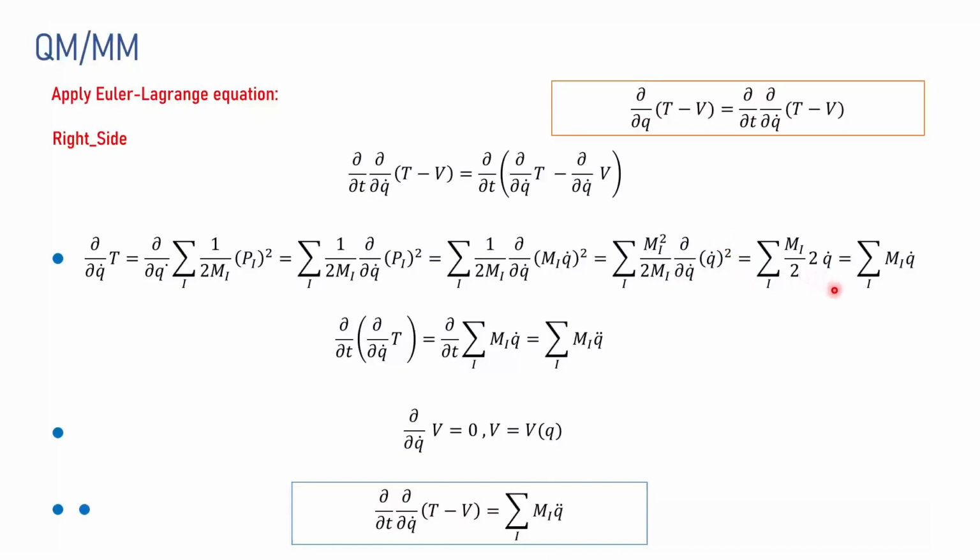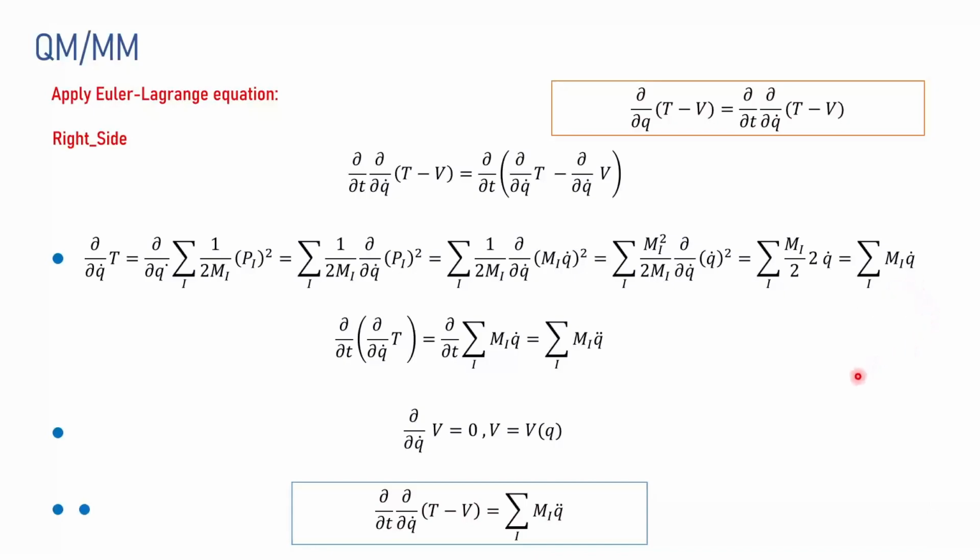It's like when we take x squared and we want to take the derivative with respect to x. So the derivative of x squared is 2x, and we write it here. So at the end we will have the sum over the mass times the velocity.